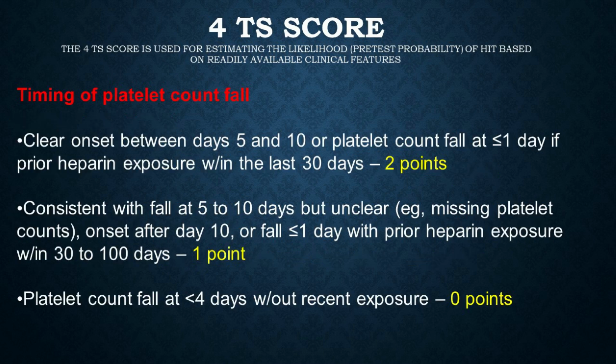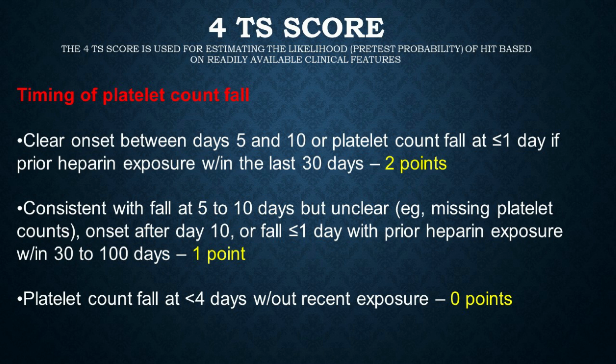Now, the timing of platelet decrement, the clear onset, guys, the most typical form of heparin-induced thrombocytopenia actually happens between the 5th to 10th day from the onset of exposure of heparin. From the time of exposure of heparin, you should take about 5 to 10 days within which you will have to see your drop in your platelet count.